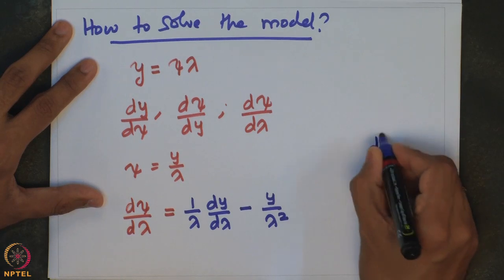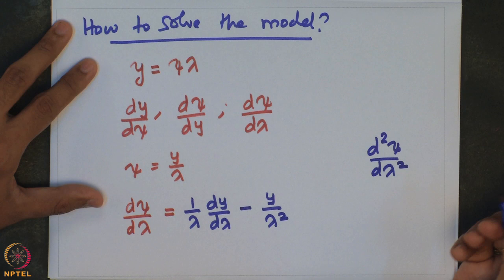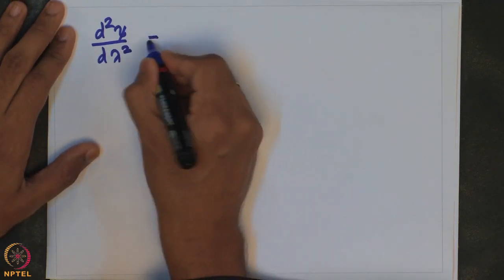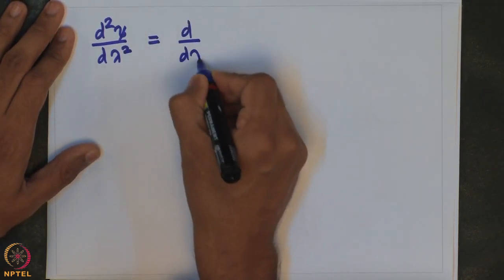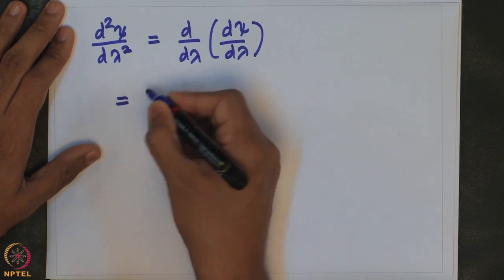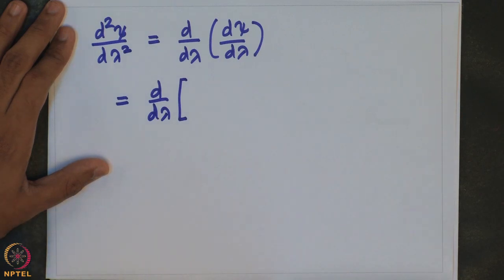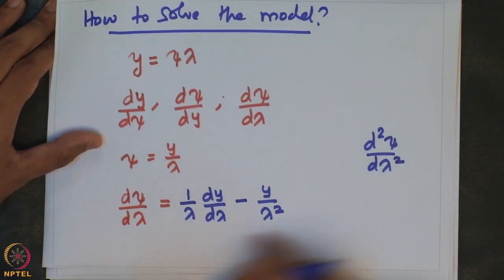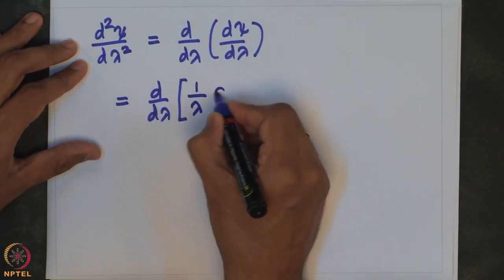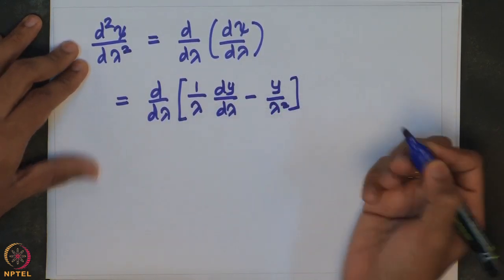What is next? We need to find d square psi by d lambda square. So, d square psi by d lambda square is essentially given by d by d lambda of d psi by d lambda, and we just found out what d psi by d lambda is. So, we substitute that here. That will be d by d lambda of 1 by lambda dy by d lambda minus y by lambda square.